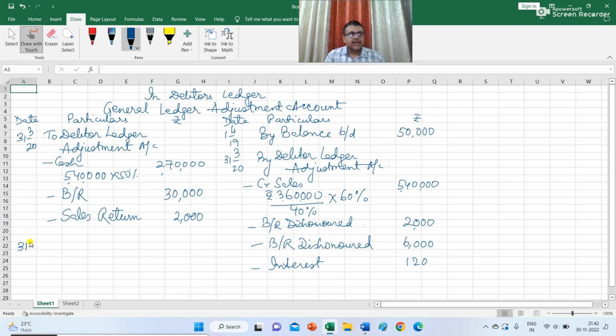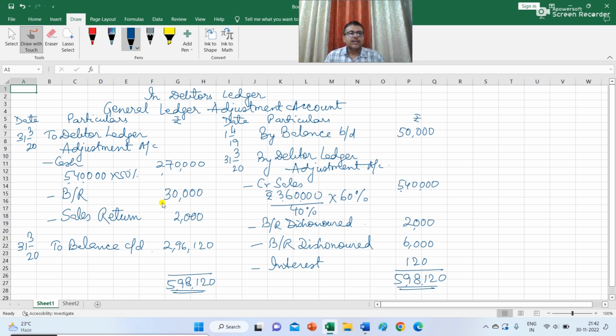So I am writing here on 31st March 20 to balance c/d, and the amount is 2,96,120. So the total of debit and credit side is 5,98,120, and 2,96,120 is the balancing figure.